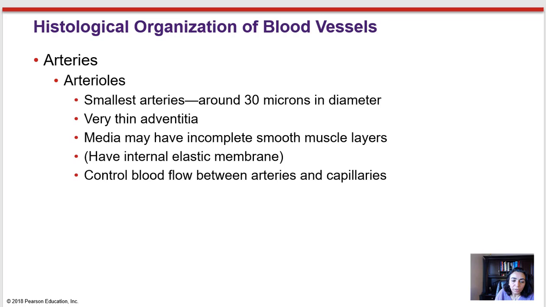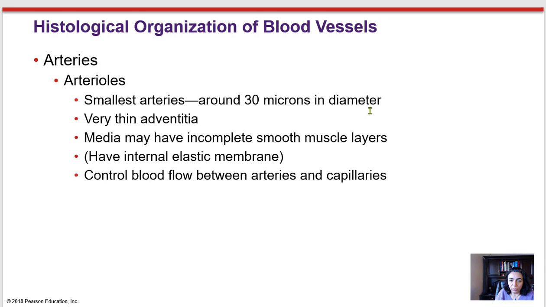Now the third type of the arteries, we call them arterioles, and these are very, very small. These are the smallest arteries. Pay attention, these are not the smallest vessels, because the smallest vessels are capillaries. The size is about 30 microns in diameter.